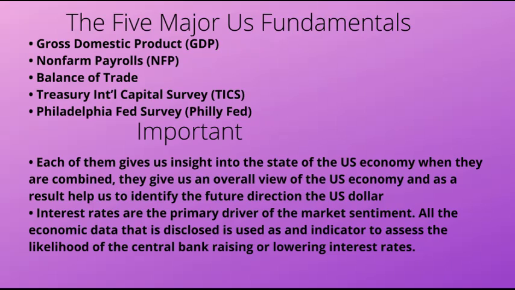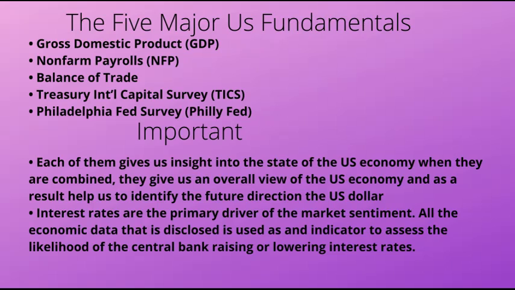Now, each of those 5 indicators, when combined together, can give you a pretty good estimation of the state of the US economy, and as a result, help us to identify the future direction of the US dollar. We use a combined approach, so we combine all those 5 indicators and we look at the overall fundamental picture.